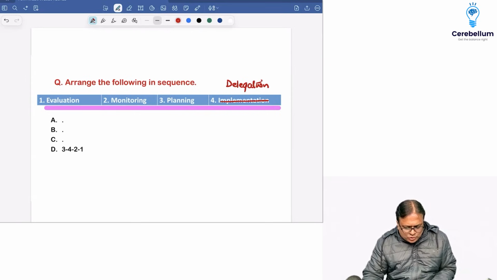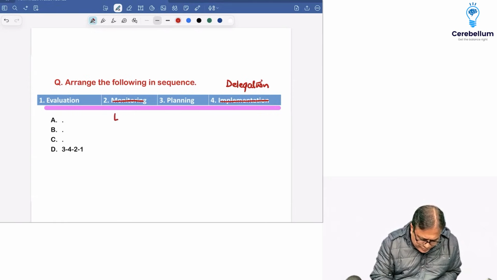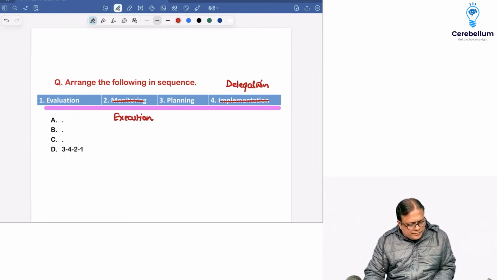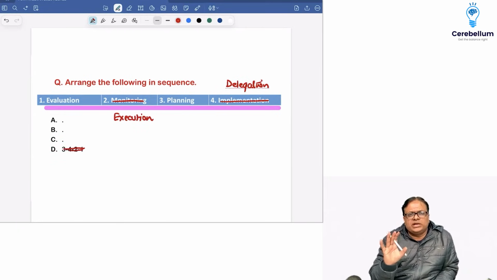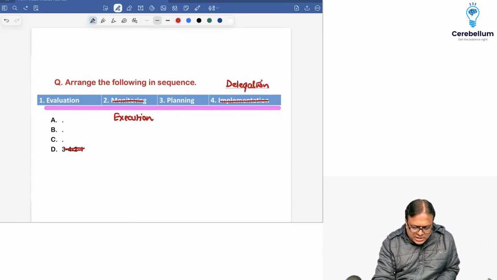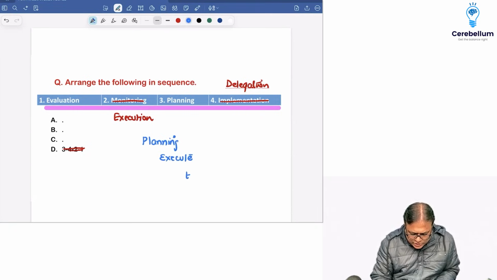Okay, three you have to choose: evaluation, planning, execution, and delegation. See, whenever you look at a planning cycle, there is analysis of the existing health situation, then you have to plan, then you have to execute, and logically evaluation will come in the end.